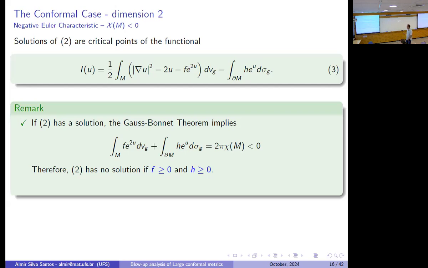So in the case of f and h non-negative, there is no solution. And also, it's not difficult to see that when the function f is positive at some point, then the functional is not bounded from below, right?